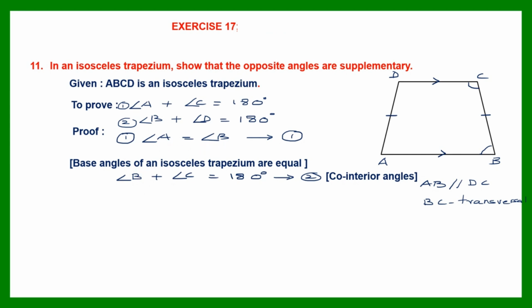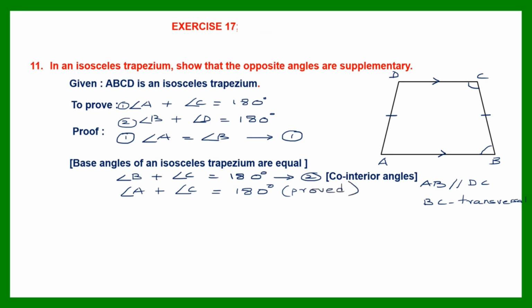So if I say angle A instead of B and I continue with this, it will be angle A plus angle C is equal to 180 degrees. And this is the first question that we had to prove, the first part. We had to prove that angle A plus angle C is 180 degrees. Here we have proved that. So the first one we have proved.